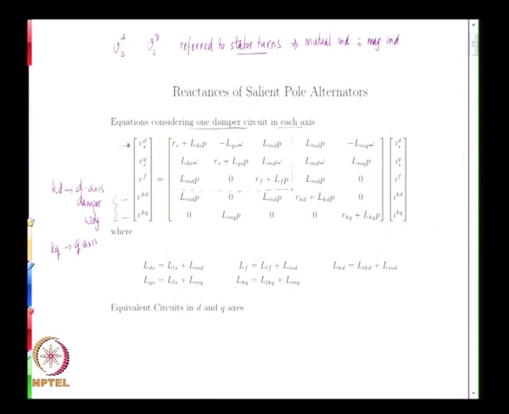So Lf really represents the stator turns referred field inductance, Lkd represents the stator turns referred inductance of the damper along the d axis, and so on. Now having seen this, it is useful to reduce this to an equivalent electrical circuit. We can see that this entire representation can be reduced to two equivalent circuits, one along the d axis and one along the q axis. So how do we do that?